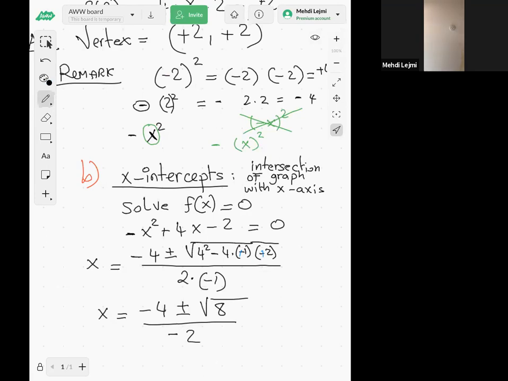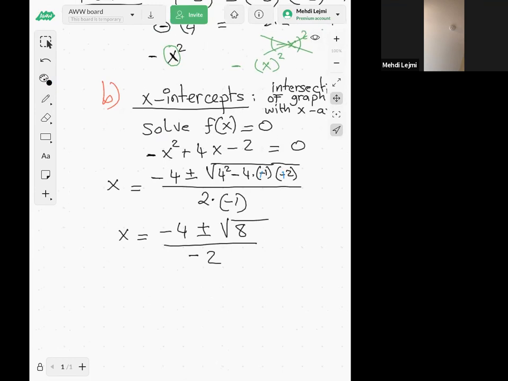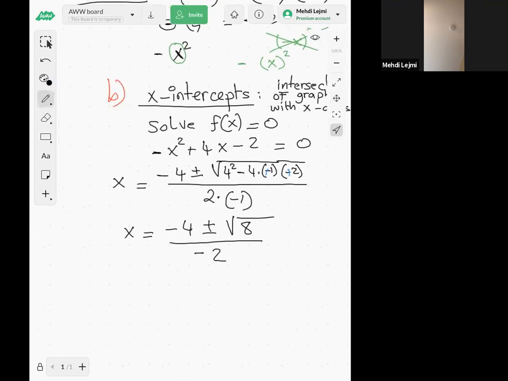Actually, we can simplify this. This is a remark here: 8 is 2 times 4, right? Then the square root of 8 is the square root of 2 times 4. If you have a product under the square root, then yes, you can split it.